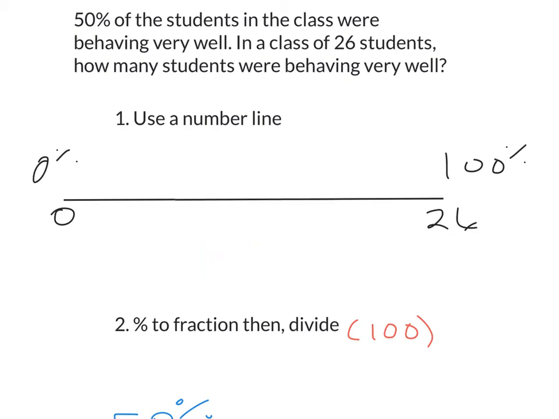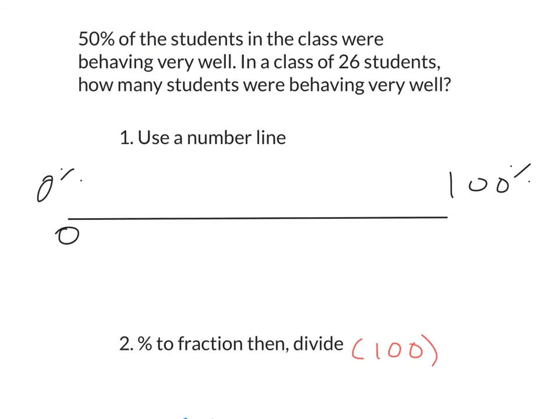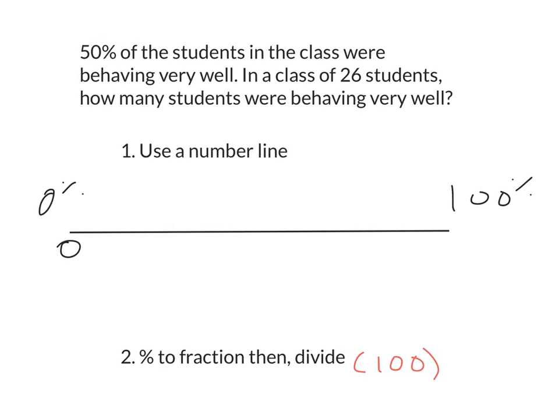What if the question said 10%? So let's cross this out. What if it said 10% of students? Can we do a combination of both? Actually, let's just do the second one. Let's change this percentage into a fraction and then divide it.